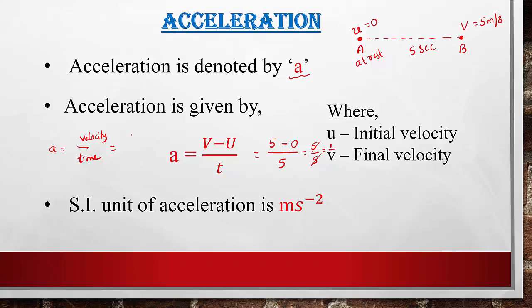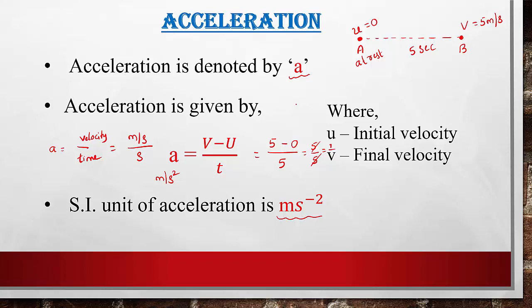Velocity SI unit is meter per second divided by time SI unit is second. So that gives meter per second square. Meter per second square is the SI unit of acceleration. So SI unit of acceleration is meter per second square.